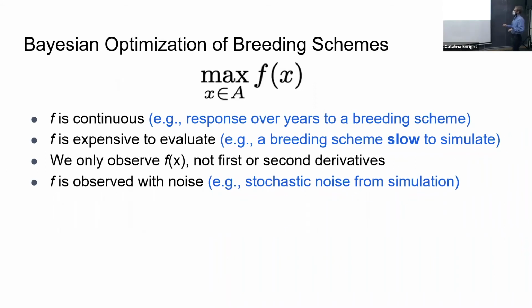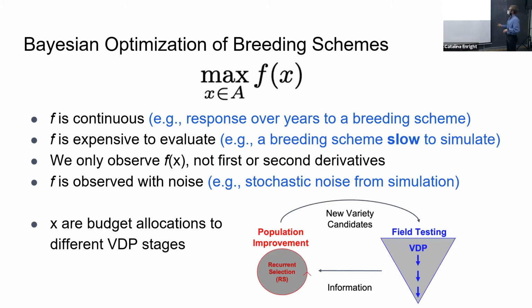You don't observe any derivatives of f. So derivatives are useful for deciding how the slope is and how to go upslope. And the last thing is often you observe f with noise. So in our case, when you simulate realistically this whole thing, you have errors associated with evaluating the individuals, you have random Mendelian segregation, you have any number of things that cause one simulation to come out differently from another simulation, even if you input the same initial parameters.